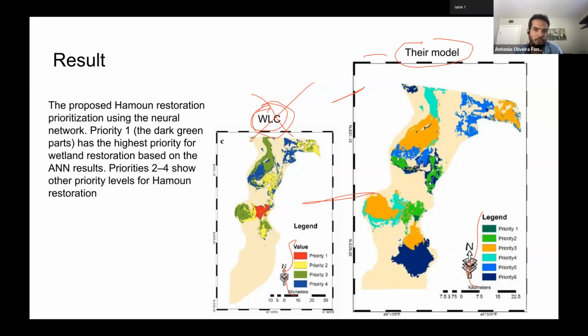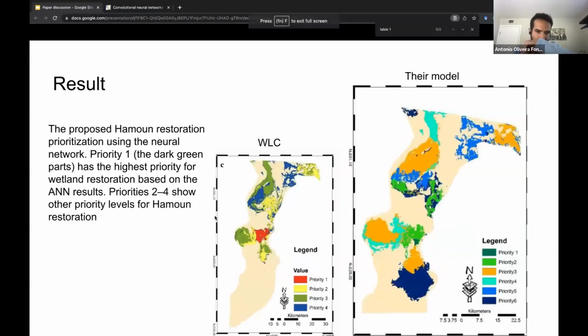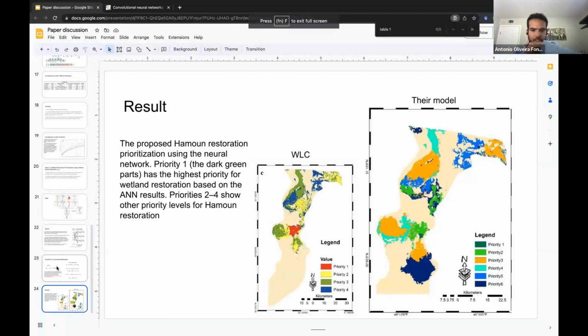And if that was the goal, now we have a model that basically learns the combination of variables that usually matter the most when you're trying to estimate the priority of a wetland to be restored, right? And basically that's where they stop their study. I don't remember if they follow with anything after this. Let me see. No, yeah, that was the last slide. So I think they stopped there basically.